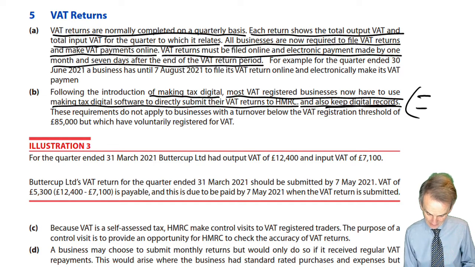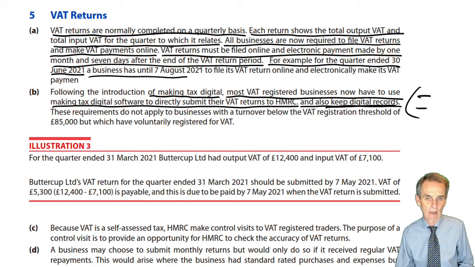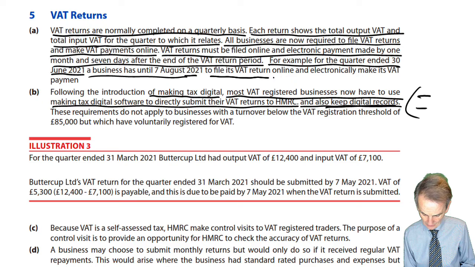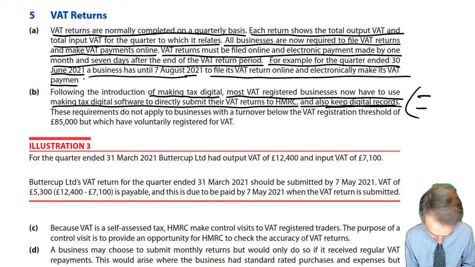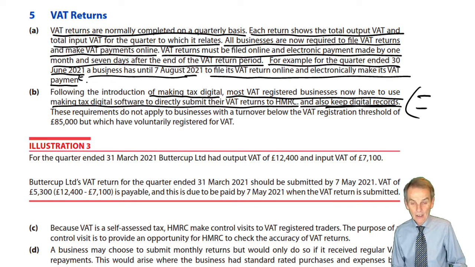Just as we said, for the example of the quarter ended 30th of June 2021, a business has 1 month and 7 days: end of June, next month is July, then August, so the 7th of August 2021, to file its VAT return online and electronically make its VAT payment.